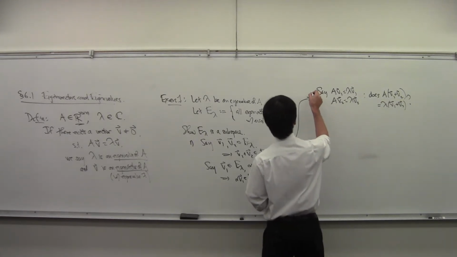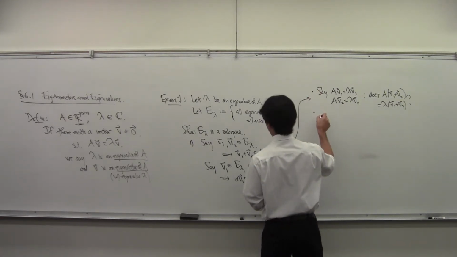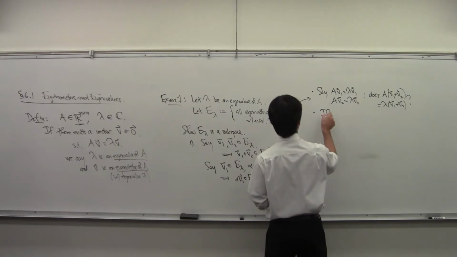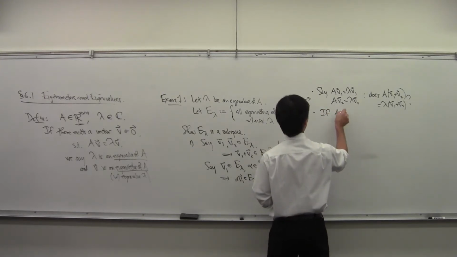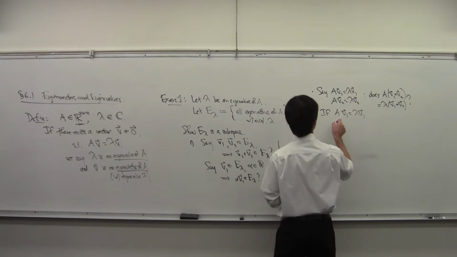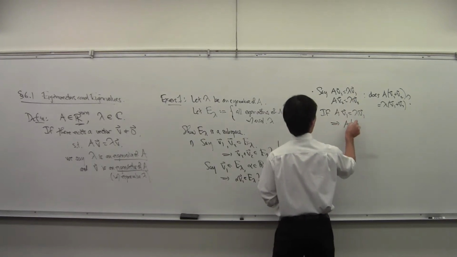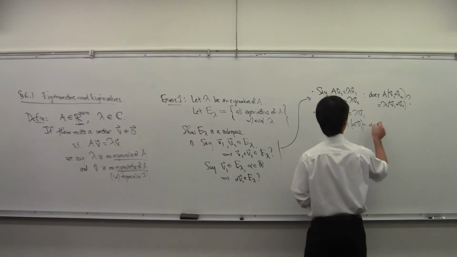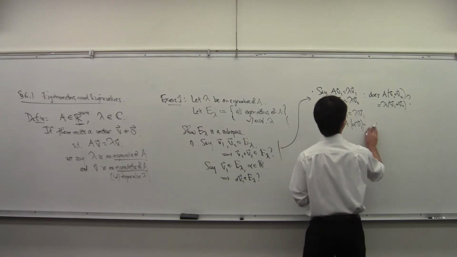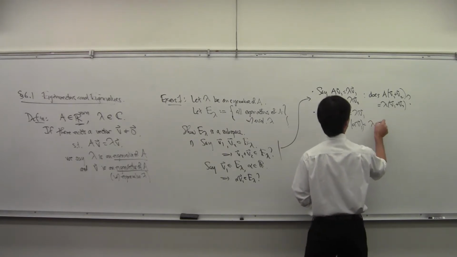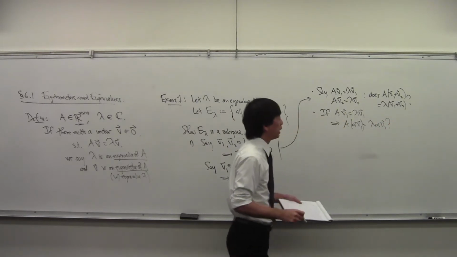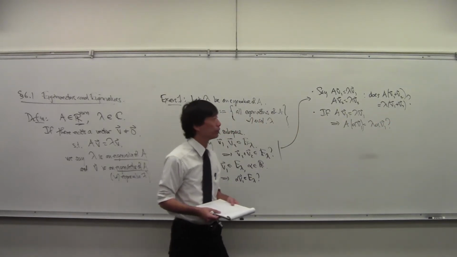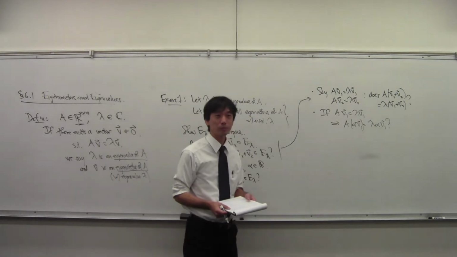And then the second part is saying that if A v1 equals lambda v1, does A alpha v1 equal lambda alpha v1? And of course, again, that's true.